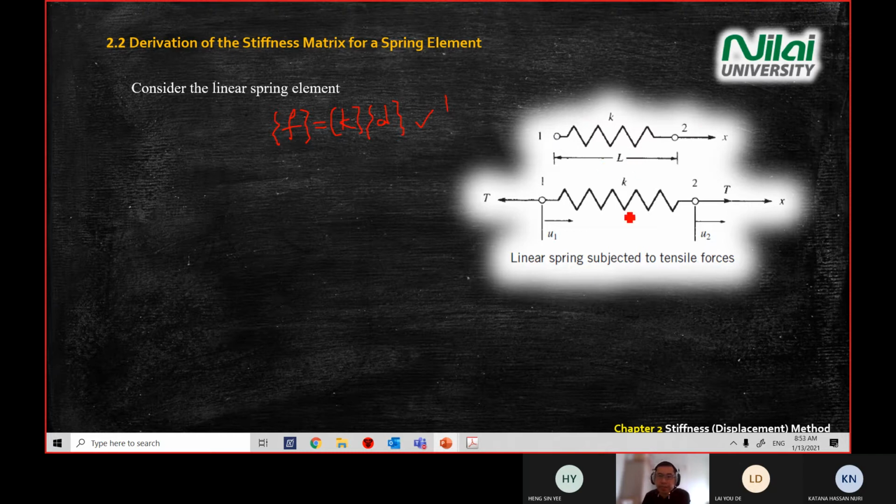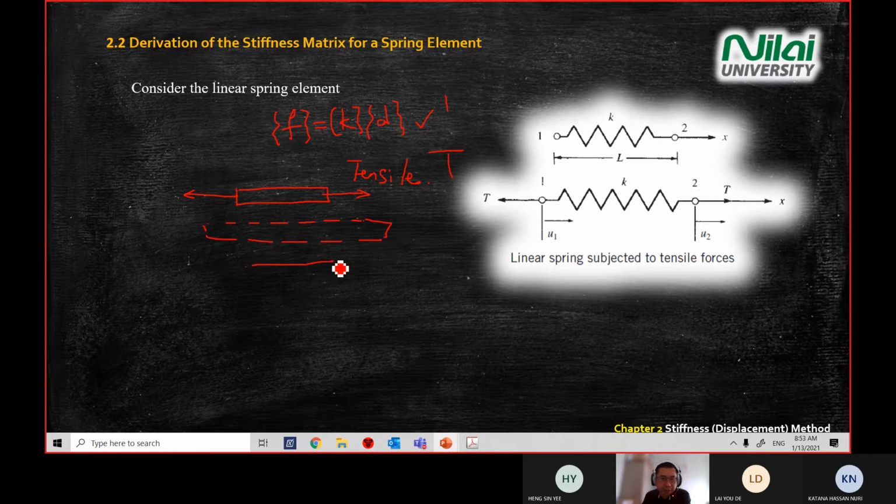After that, this spring is loaded with a tensile force. So if you're given a structure, every time you hear the word tensile, T-E-N-S-I-L-E, it means you're pulling away in a different direction, where at the end, your body will elongate.